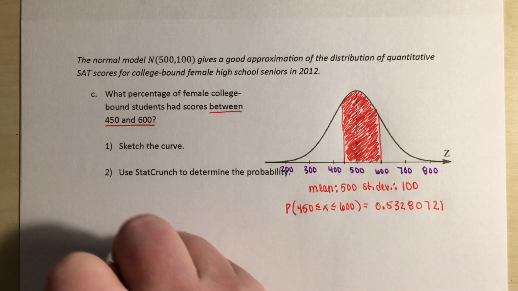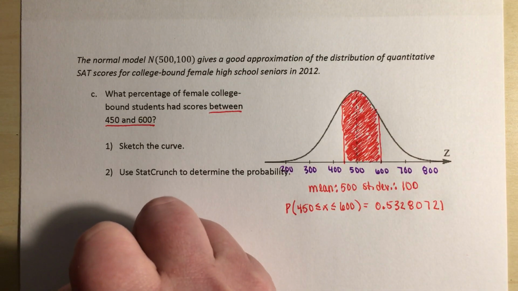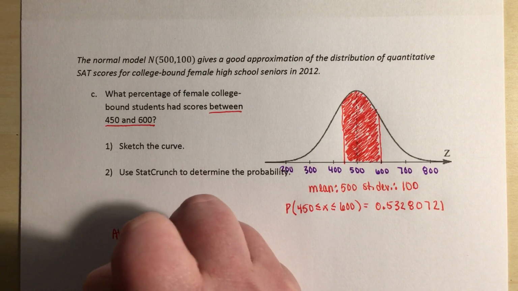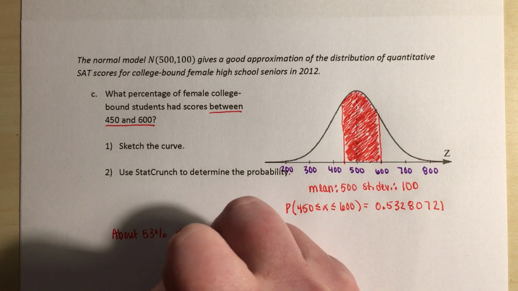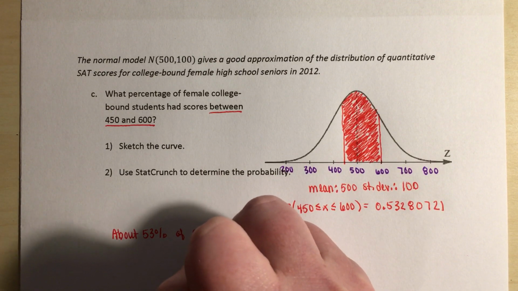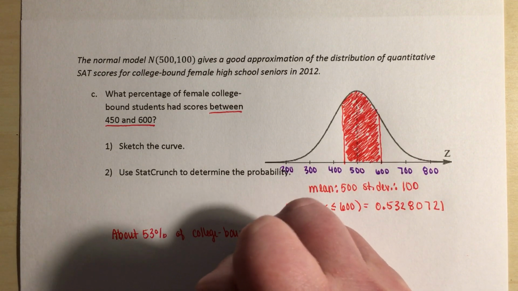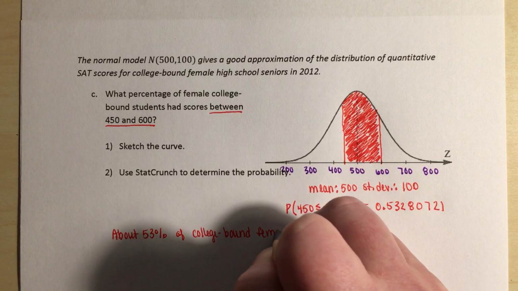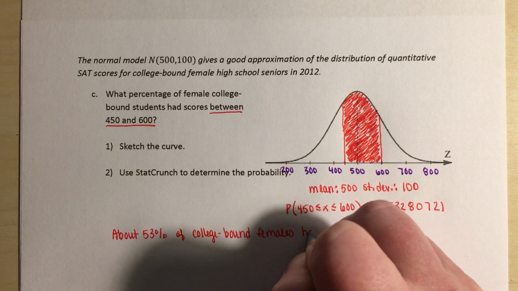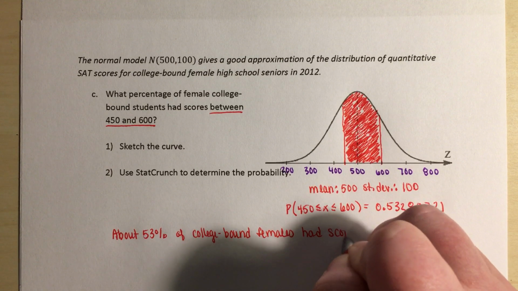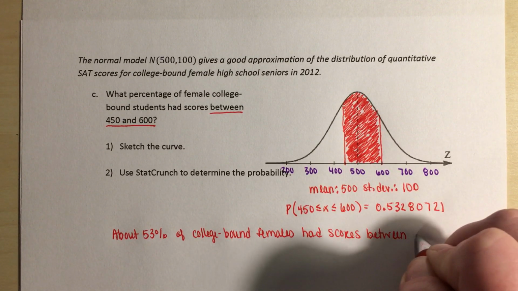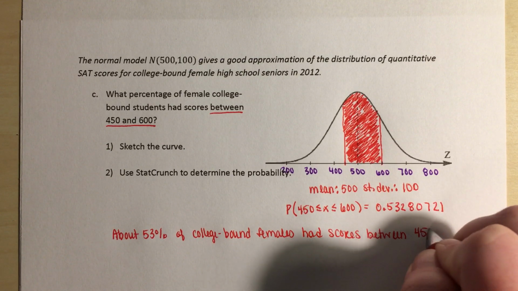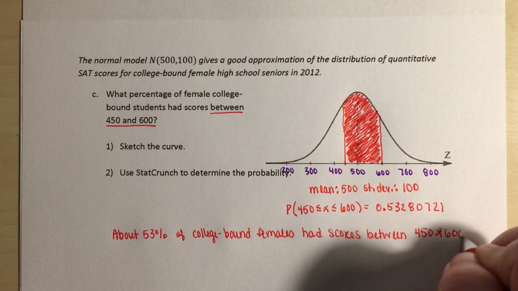So we will say about 53% of college-bound females had scores between 450 and 600.